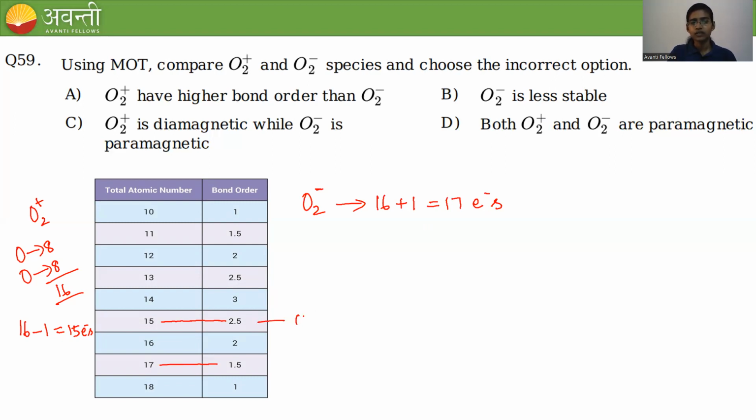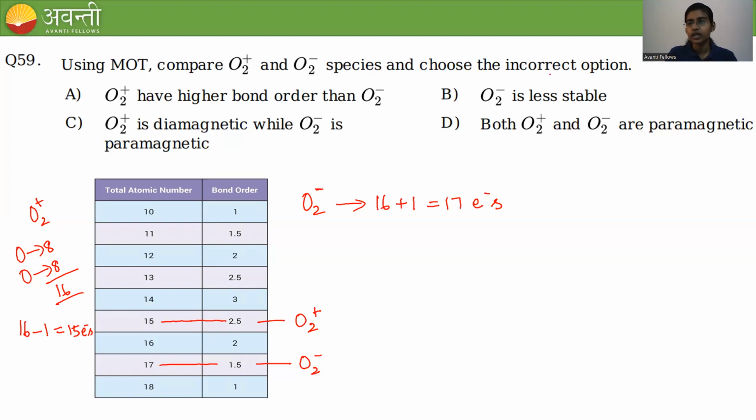So 2.5 is the bond order of O2 plus and 1.5 is the bond order of O2 minus. Okay. And coming to the options, in the first option you see O2 plus has higher bond order. That is, 2.5 is higher than 1.5, right? So that is the correct option.